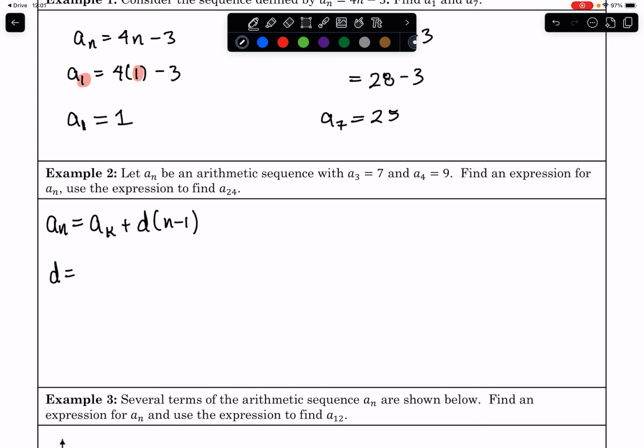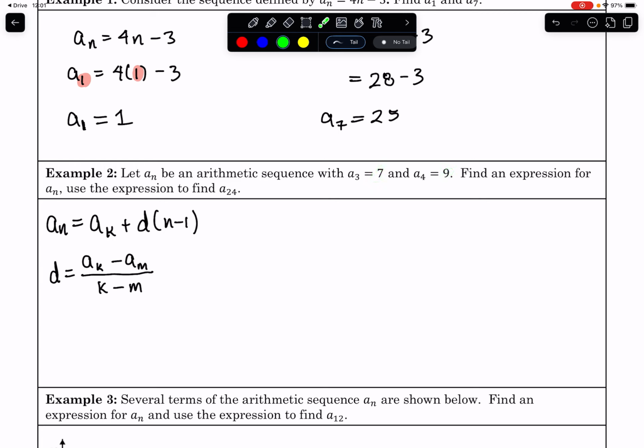But in this notation, this would be a sub k minus a sub m, divided by k minus m, where these values are going to be the 2 points that were given.